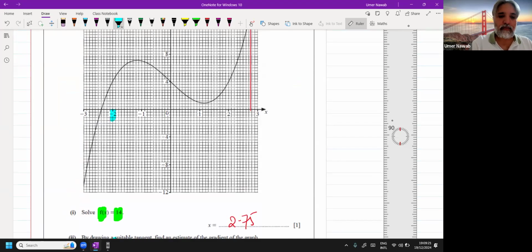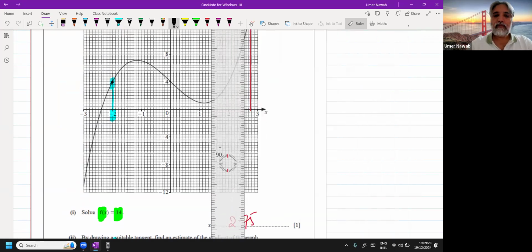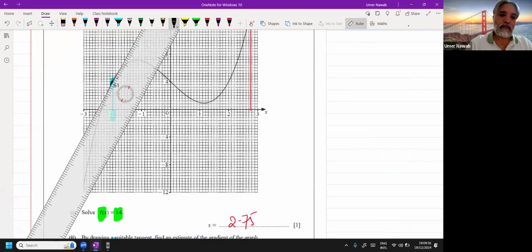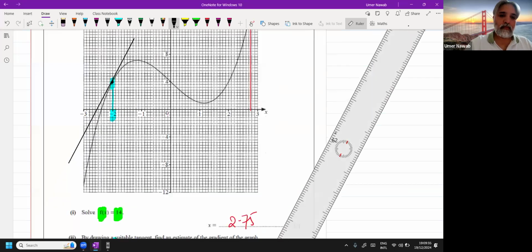Now, as per the question, you have to draw the tangent at -2. So this is -2, go to the curve. So at this point, I am interested in drawing the tangent. So this point is -2. This is 4. Can I check where it cuts the x-axis? So it looks like 1, 2, 3, 4, 5, 6.